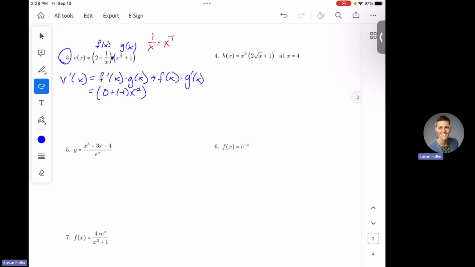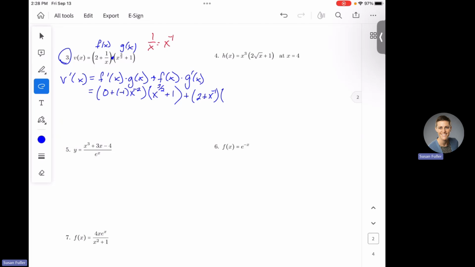So this whole thing is f prime of x, that's my derivative of the first, times the second function as is, x to the 3 halves plus 1. And I'm going to add to that my first function as is, which is 2 plus 1 over x. I'm going to write it as x to the negative 1 again, just because I think that's easier to do algebra with.